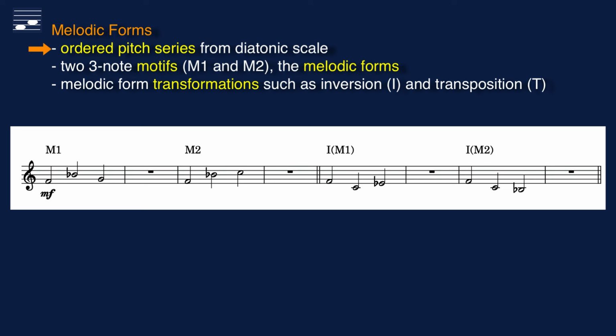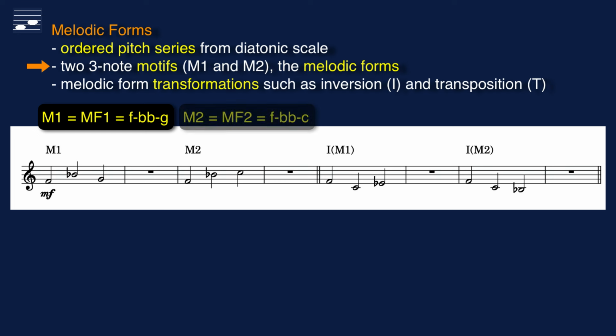A melodic form is an ordered subset of pitch units from a diatonic or symmetric scale. Here we use two 3-note motifs. M1 is F, B flat, G and M2 equals F, B flat, C, melodic forms from the F major diatonic pitch scale.